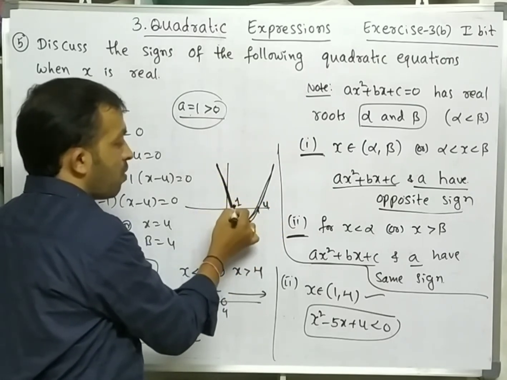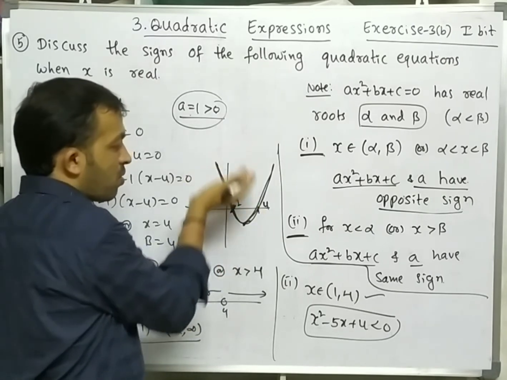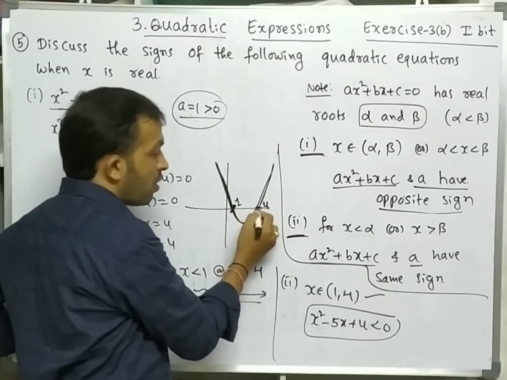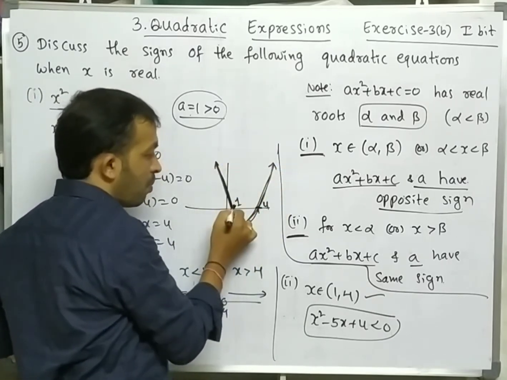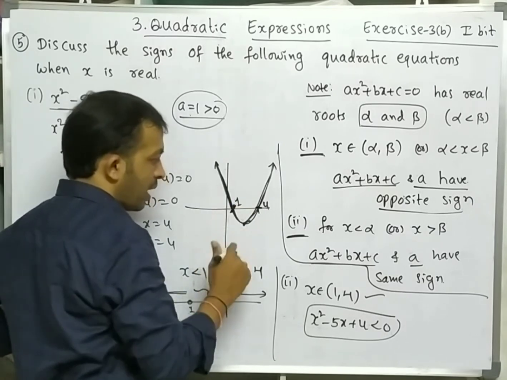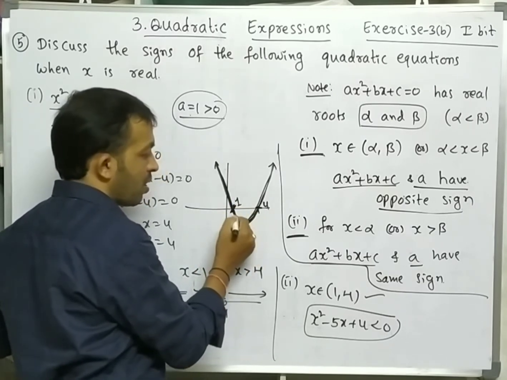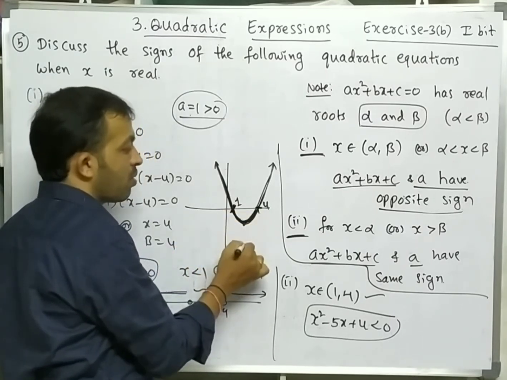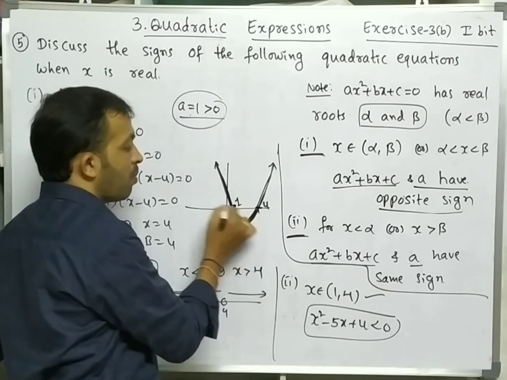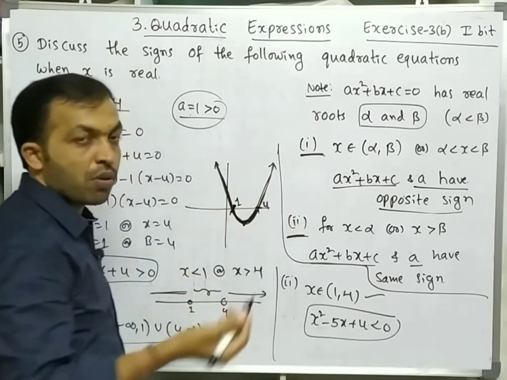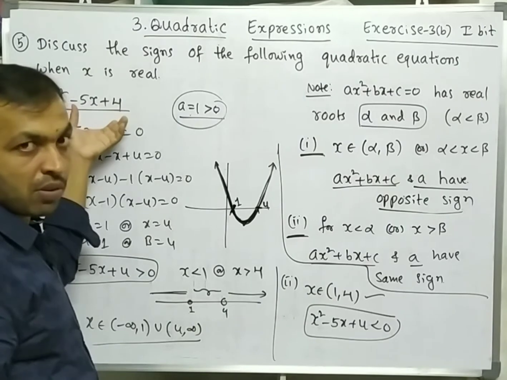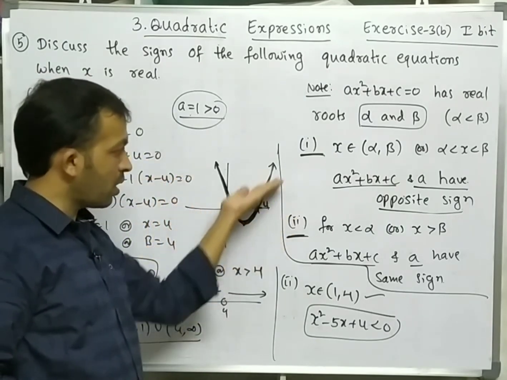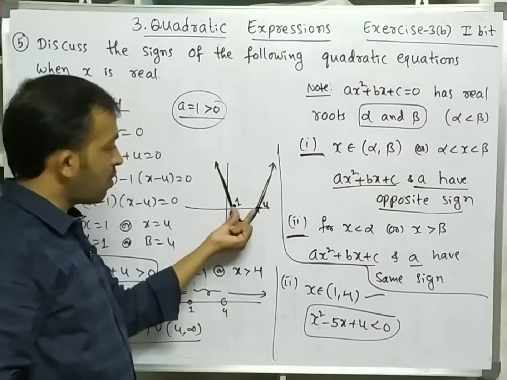So before 1 it is on the positive side, above the x-axis means positive, and after 4 also it is positive. In between 1 and 4 it comes below the x-axis, so the function values are negative. So the given quadratic expression is positive from minus infinity to 1 and 4 to infinity, and in between 1 and 4 it is negative.